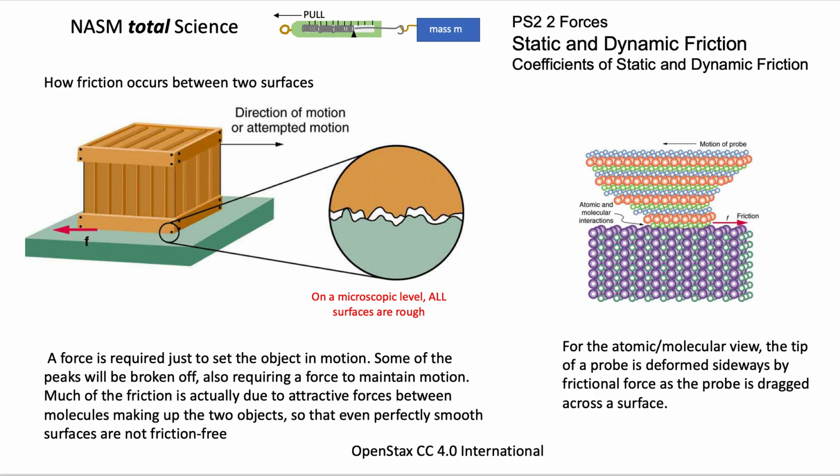And if you look at the diagram on the right, you've got a tip of a very fine metal needle, very thin, but it doesn't go down to one atom or one molecule. And then you can see the distortions that take place as you're dragging the very thin tip of the probe across a surface.